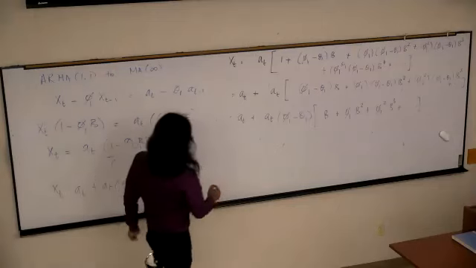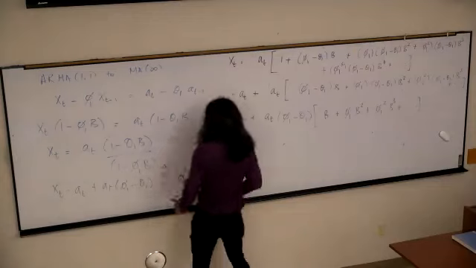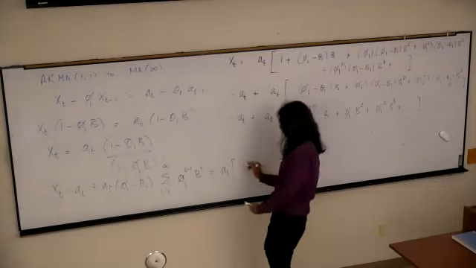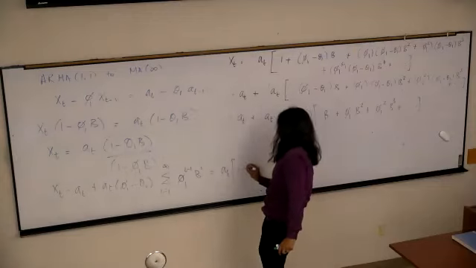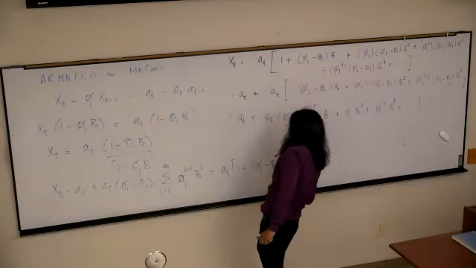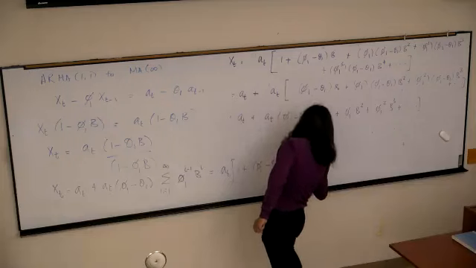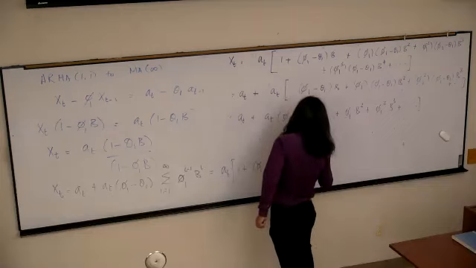If I pull at out, now you may ask why. We'll see in a second. 1 plus phi1 minus theta1, sum from i equals 1 to infinity of phi1 raised i minus 1, B raised i.